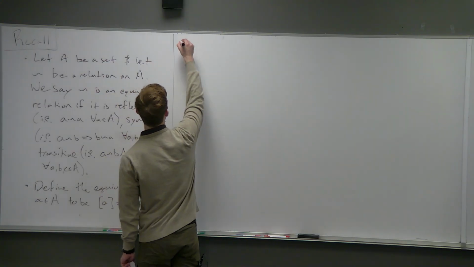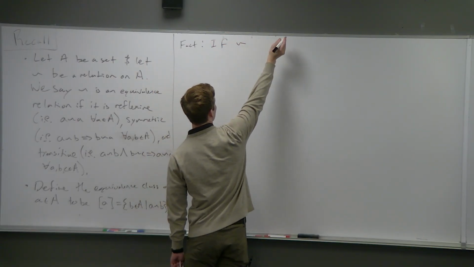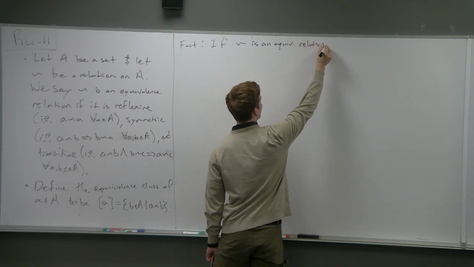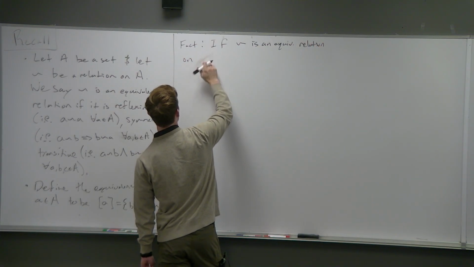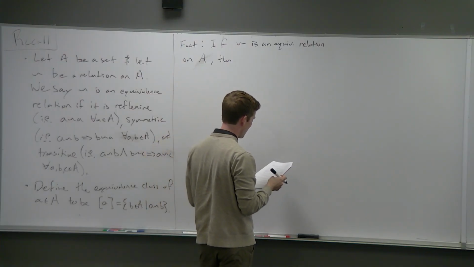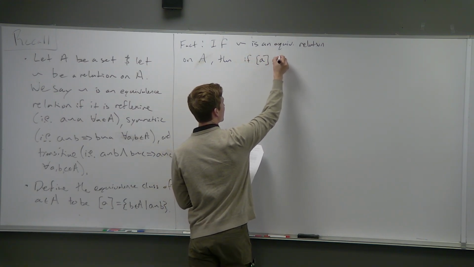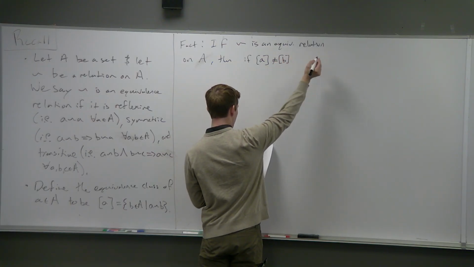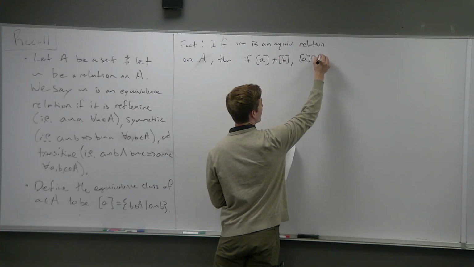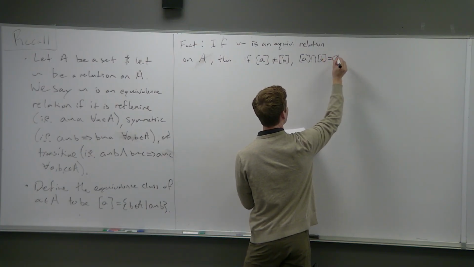Okay. A fact: if tilde is an equivalence relation on big A, then, and we proved this last time, if the equivalence class of A is not equal to the equivalence class of B, the intersection of those equivalence classes is empty.